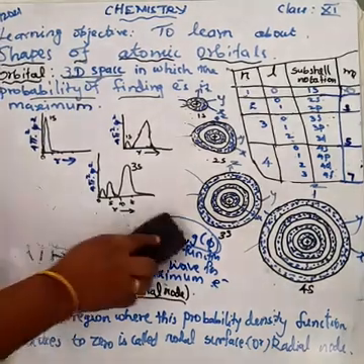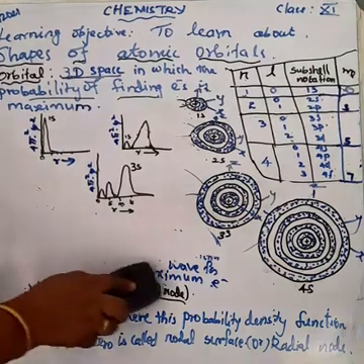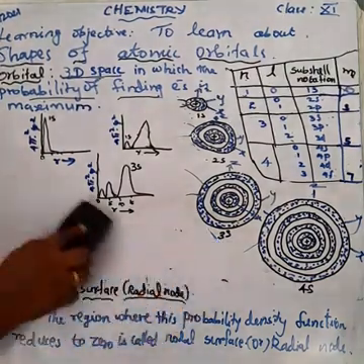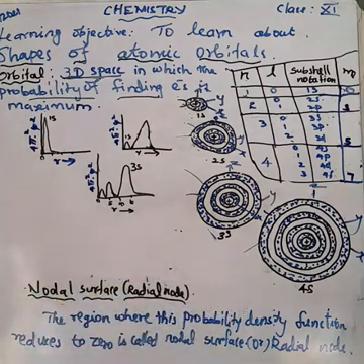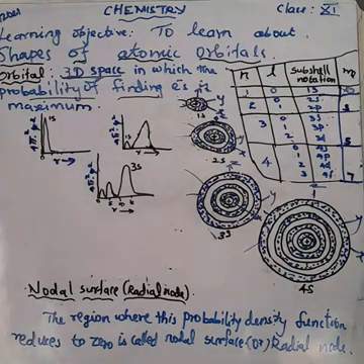The electrons revolve around the nucleus very fast, so we cannot find the exact position of an electron. But when we take psi square, we can predict the maximum probability, that is, 95% probability of finding electrons within a given volume of space.